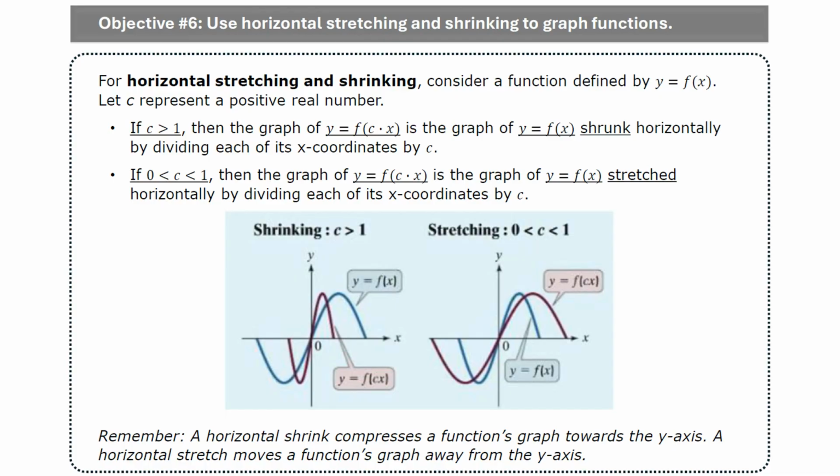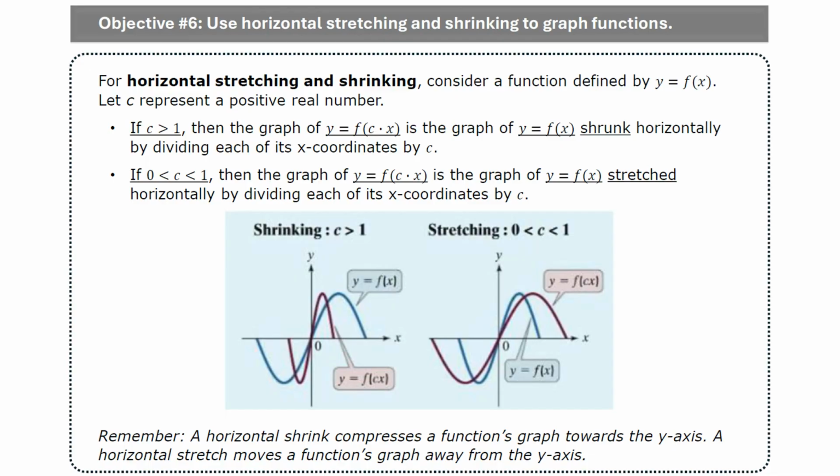If c is between 0 and 1, so greater than 0 but less than 1, then the graph of y equals f of x times c is the graph of f of x stretched horizontally by dividing each of its x coordinates by c.